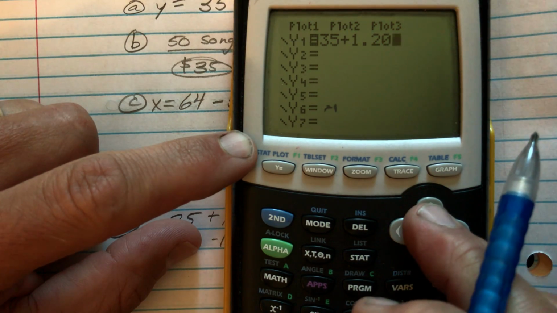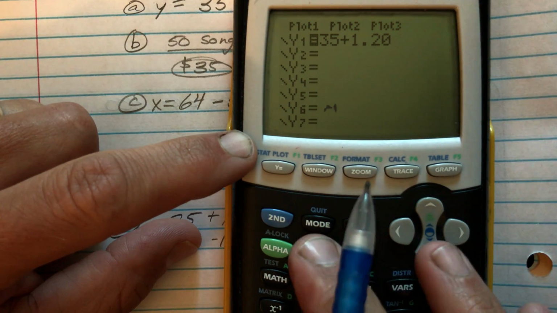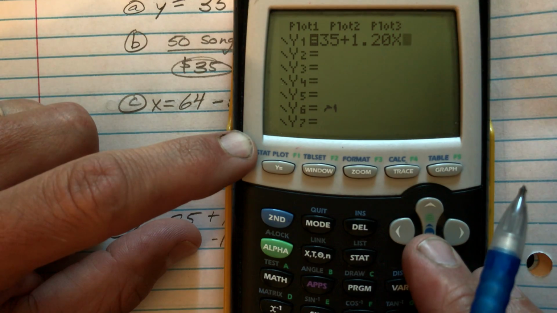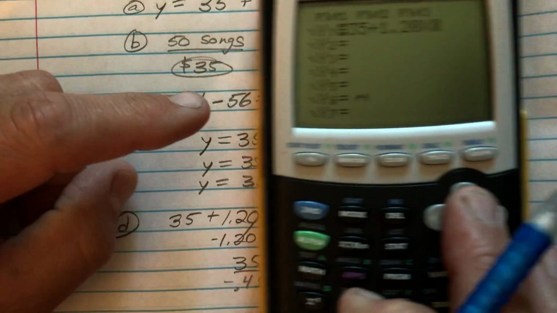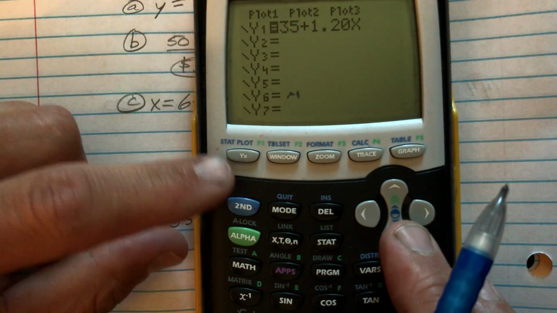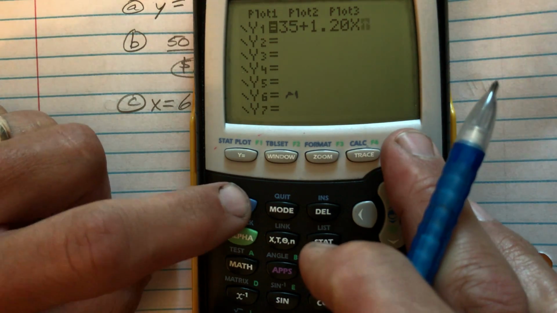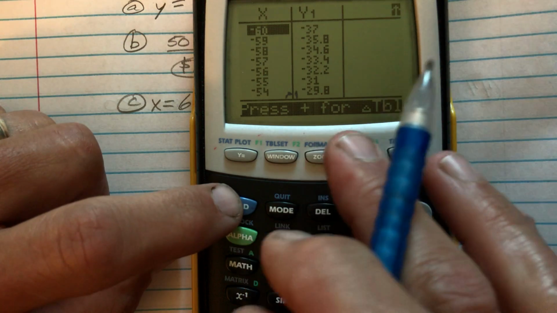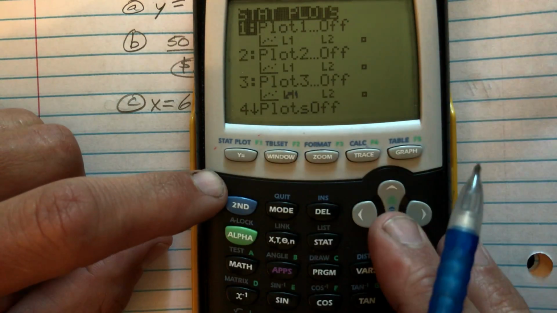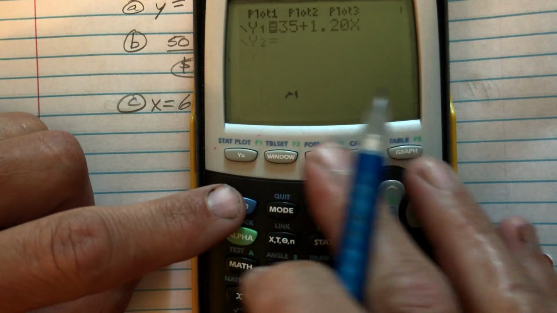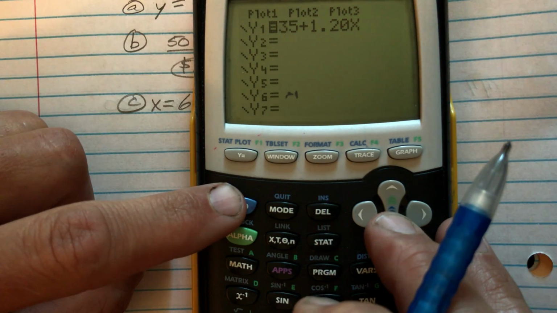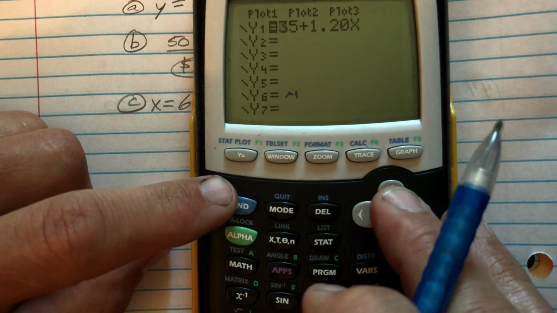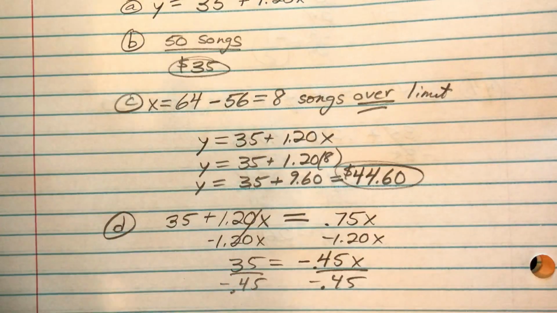So if we do 35 plus $1.20x for the old one, and look at the table, I would just try to play this out.